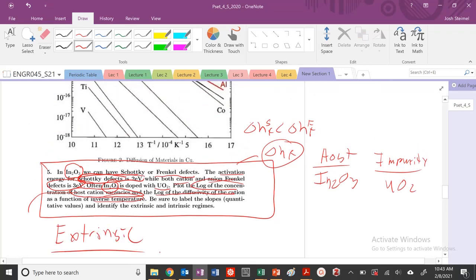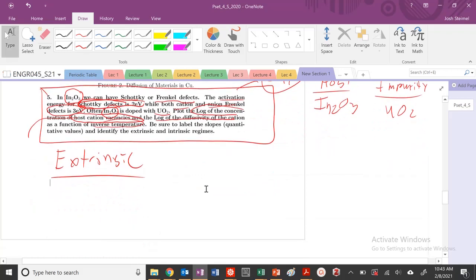For my extrinsic reaction, what are we doing here? We're doping the host, indium oxide, with this impurity. Whenever you start these extrinsic reactions, what are we trying to figure out? We are trying to plot the log of the concentration of host cation vacancies.